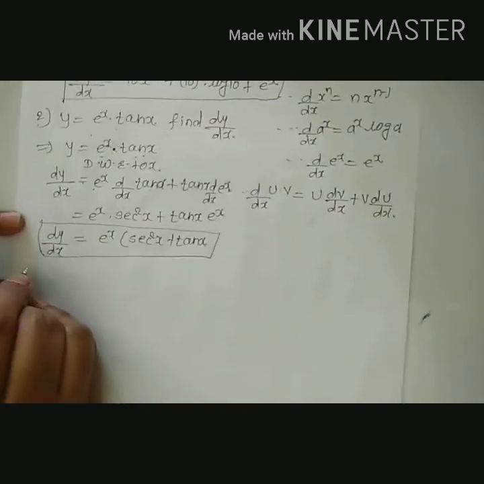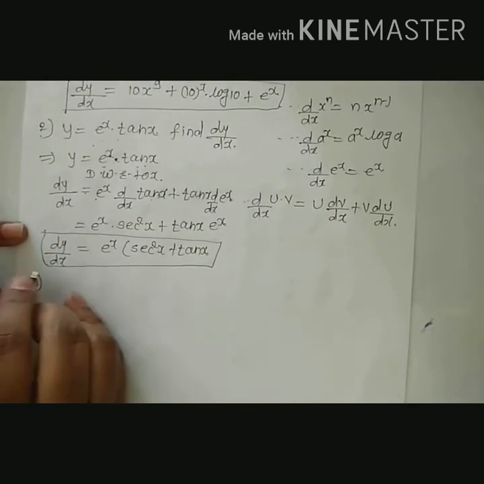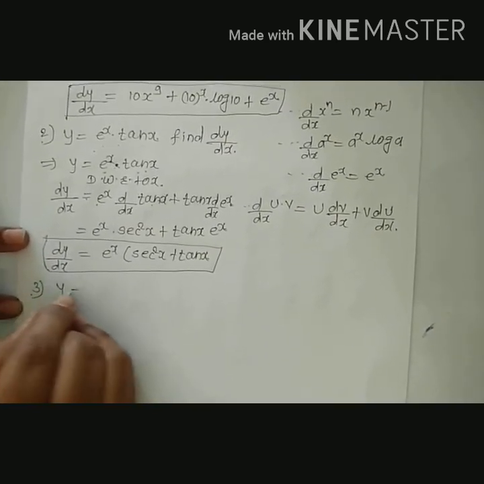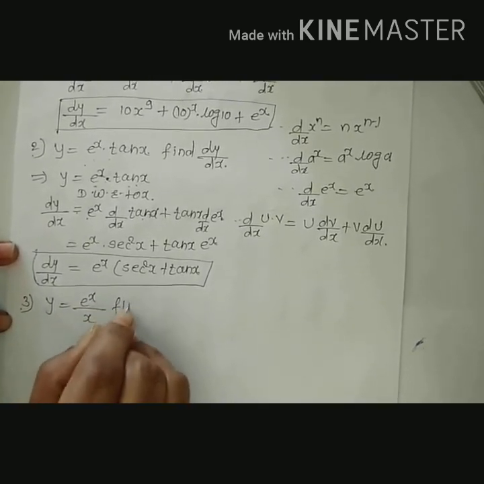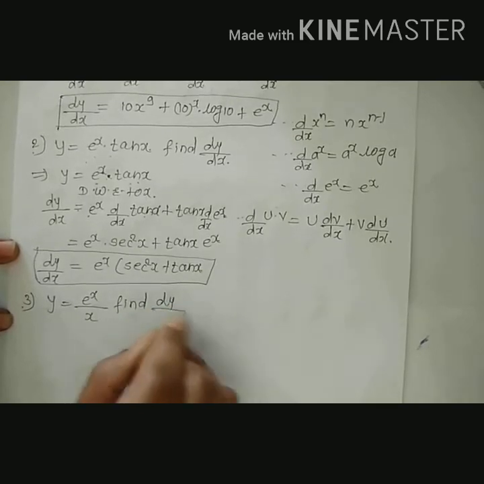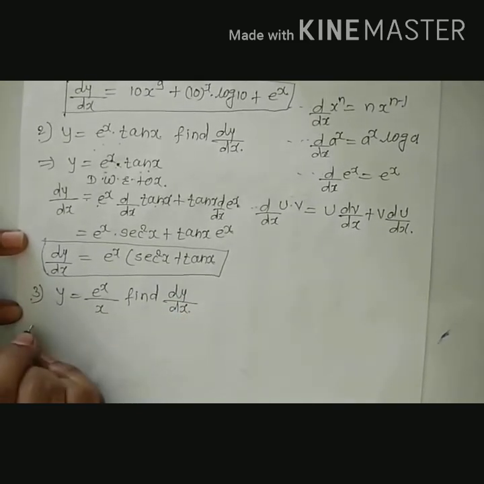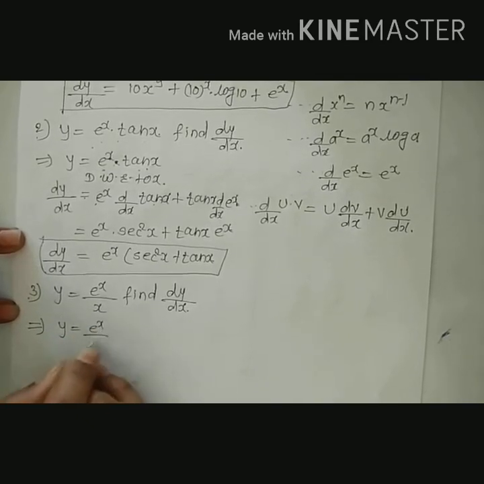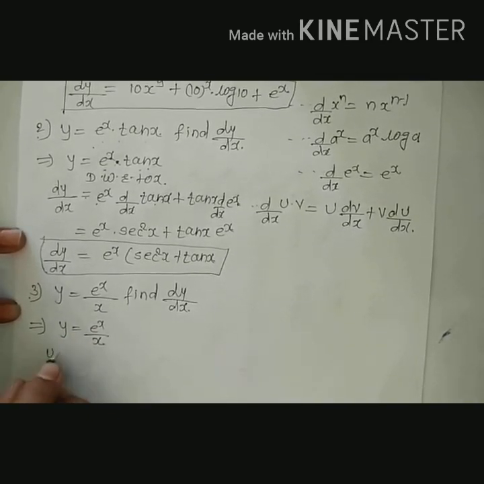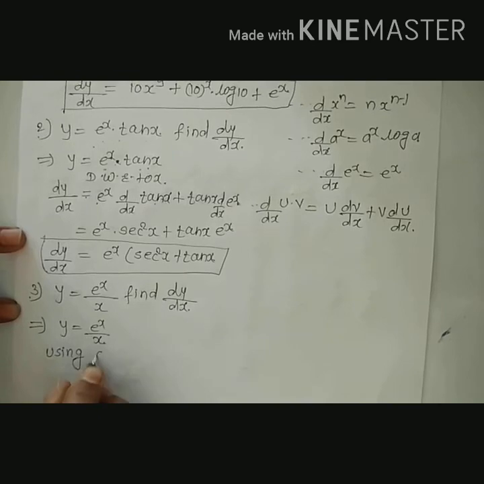And now the third example: y equals e raised to x by x. Find dy by dx. y equals e raised to x by x is the given. Now here we use the quotient rule.